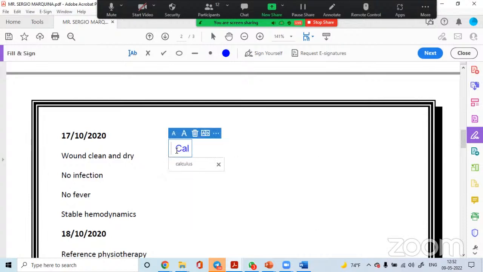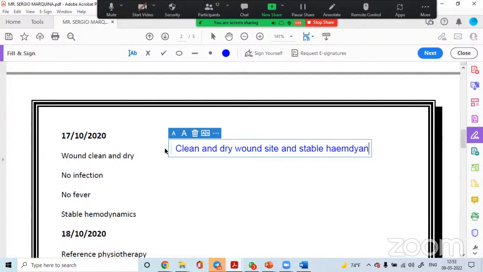Clean and dry wound site and stable hemodynamics have been noticed.